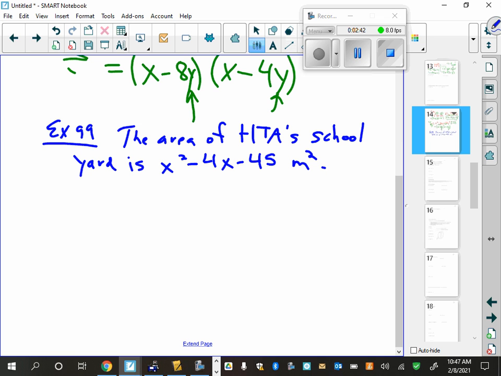Okay, you guys have to recognize that this is not a variable, it's a unit. So don't try to put an M at the end of the bracket or something. This just means squared meters. A, find the dimensions.